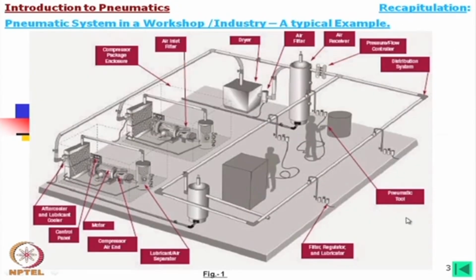Now, this is a typical schematic or artistic view of a plant. Here we find the compressor, and usually along with this compressor there will be another standby compressor also. So that if one fails, another can be operated, or intentionally to reduce the load on a compressor, particularly from heating, we may use 2 compressors instead of one large compressor.